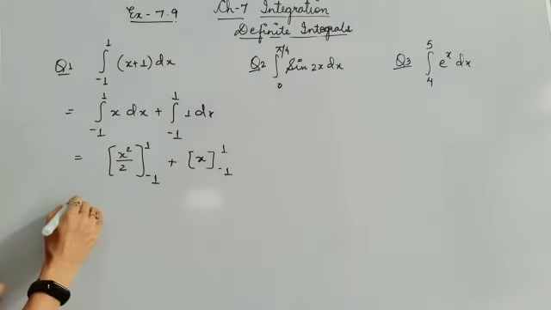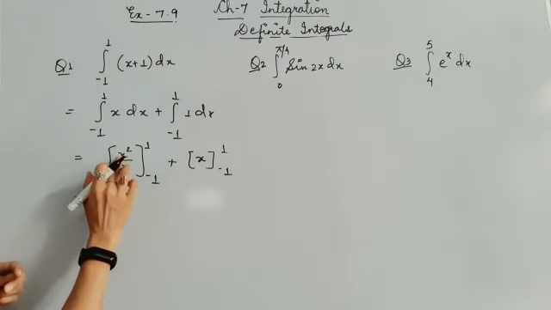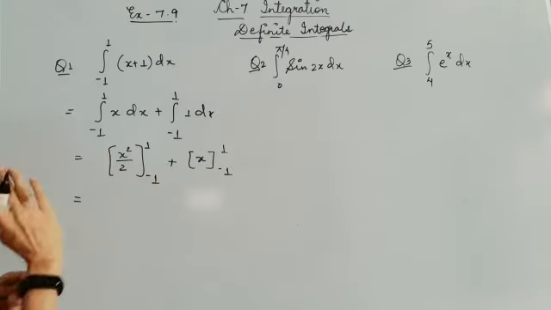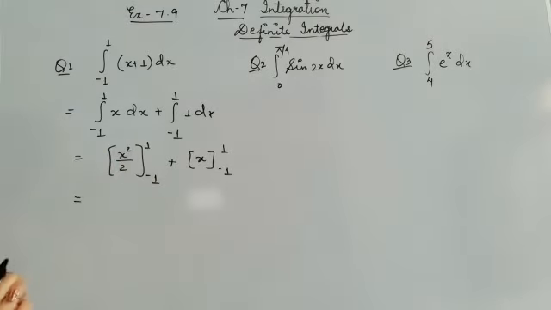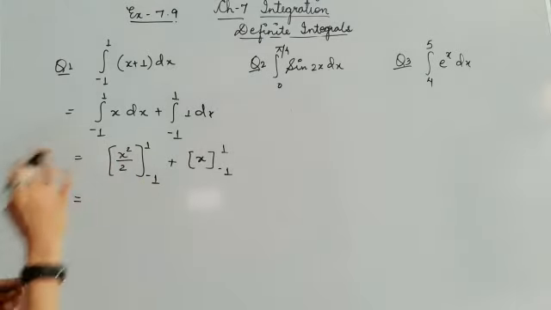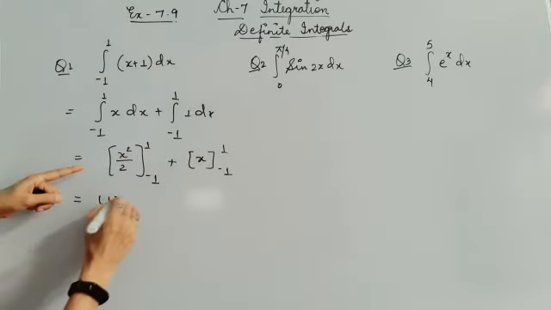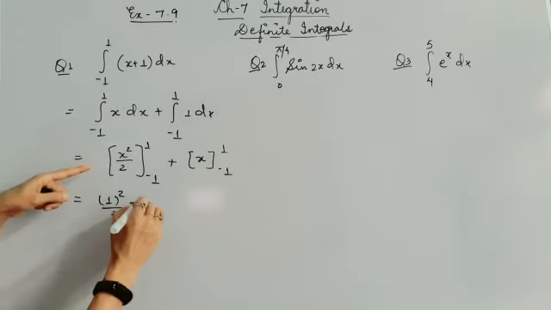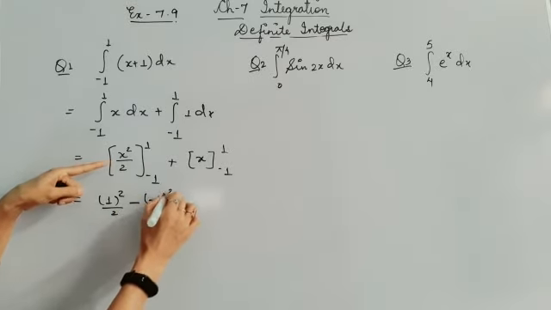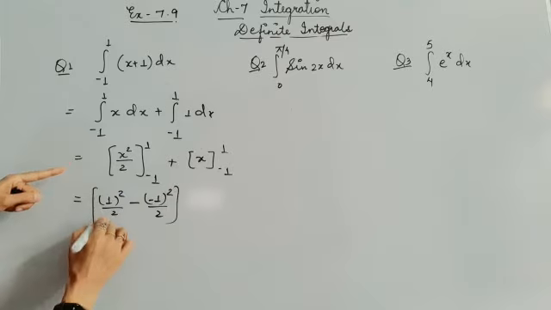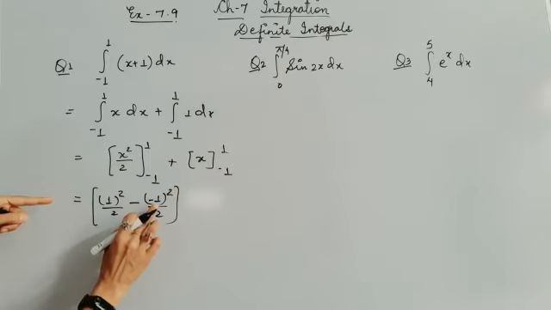Now children, what you have to do, in the place of x, first of all you will put in your upper limit, then you will be putting minus sign in between, and then you will be putting your lower limit. So this will be upper limit, that means 1 square by 2 minus 1 square by 2. So what I have done, upper limit minus lower limit.